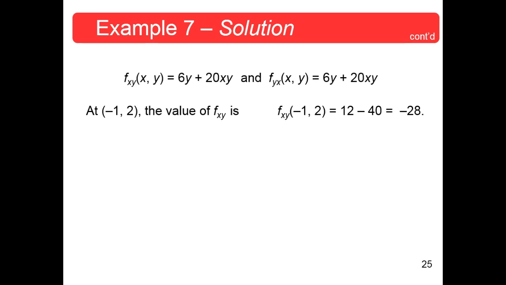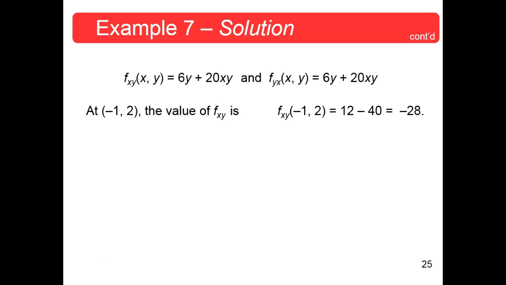So we want to evaluate this one at the point -1, 2, which is what we did after you came in, but let's do it again. What would that be? Just evaluate at -1, 2. 6 times 2 is 12.